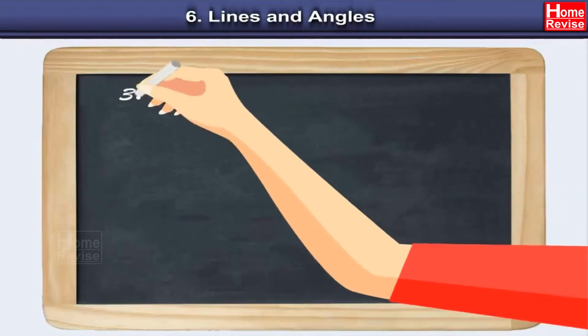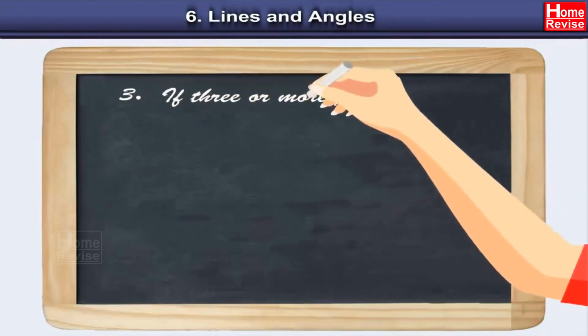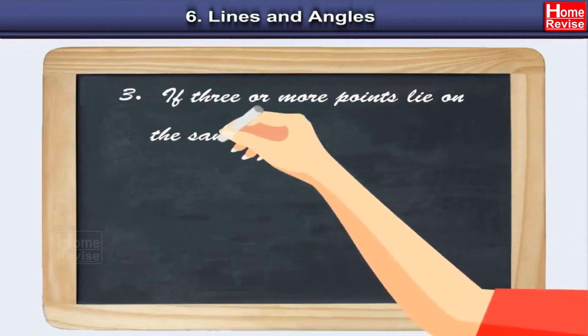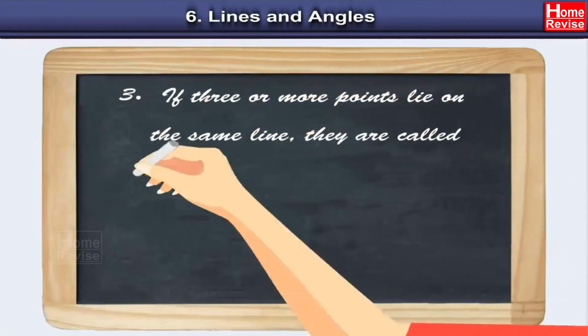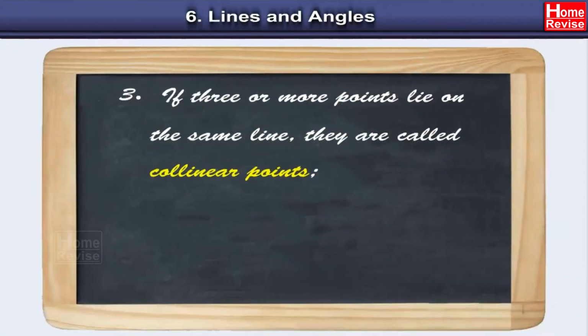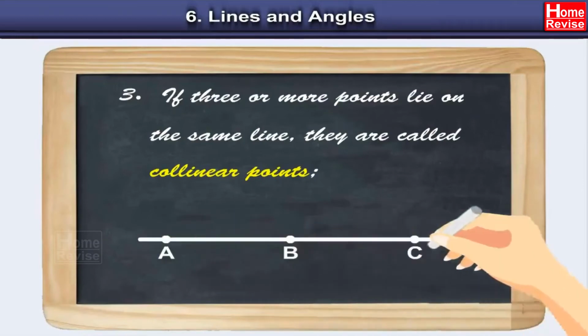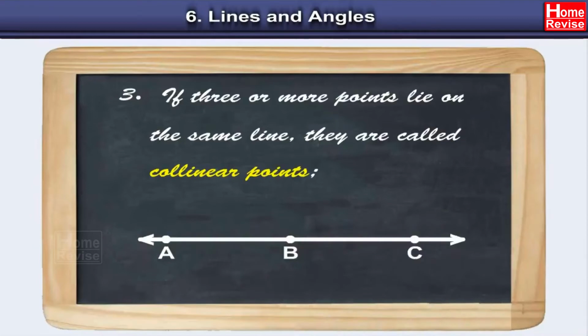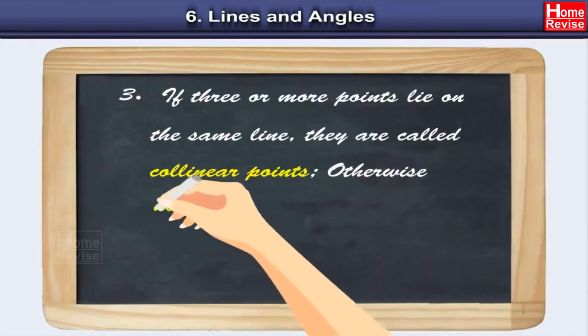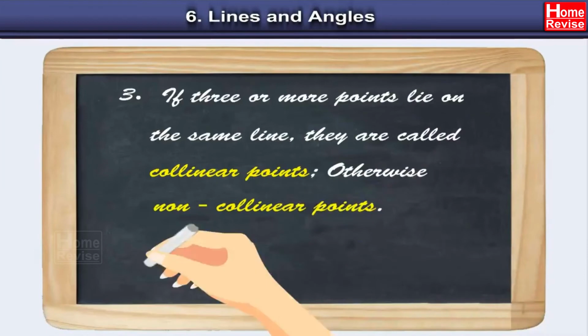Number 3: if 3 or more points lie on the same line, they are called collinear points. Otherwise, non-collinear points.